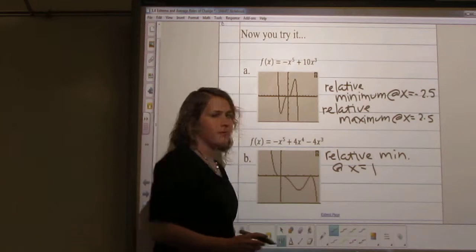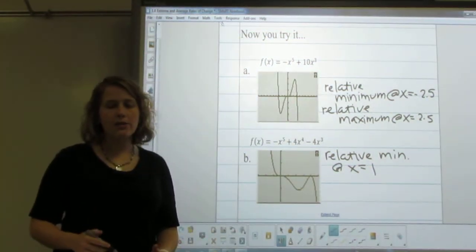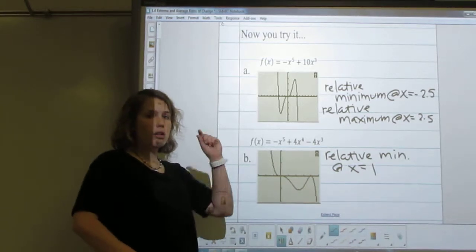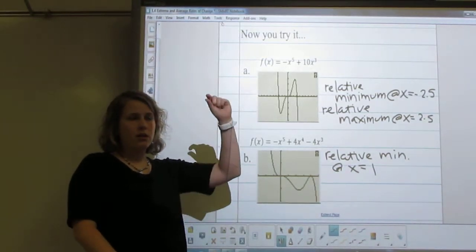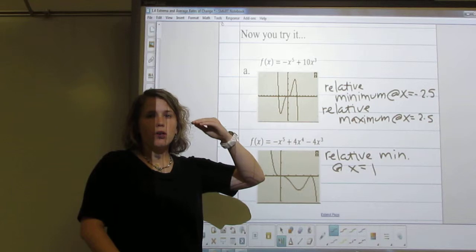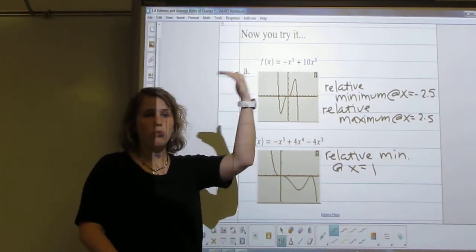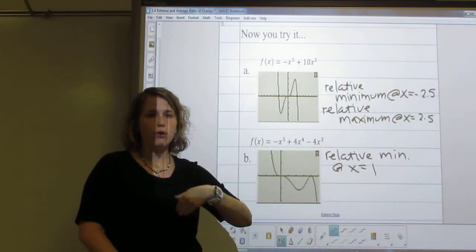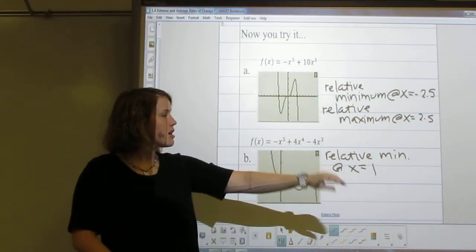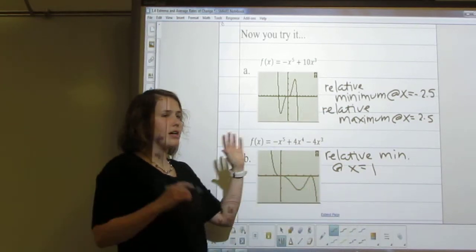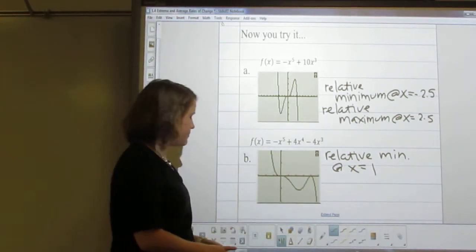And again, if you were doing this on your calculator, which we'll do later on, or if you had a smaller step on your x's, so instead of going from 1 to 1.5, if you went from 1 to 1.1 to 1.2 to 1.3 to 1.4, you could see more exactly where that relative minimum is. But this is an estimate, so x equals 1 is good enough.